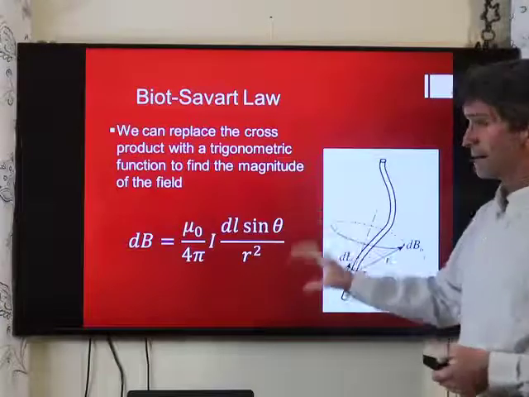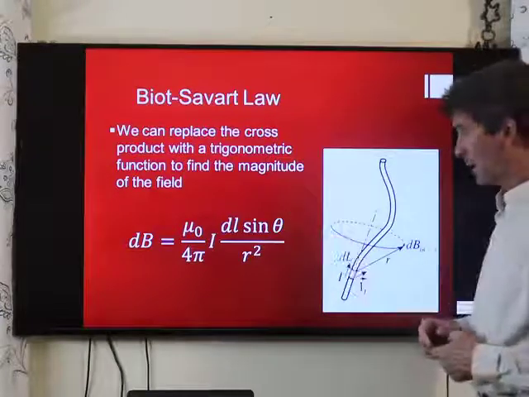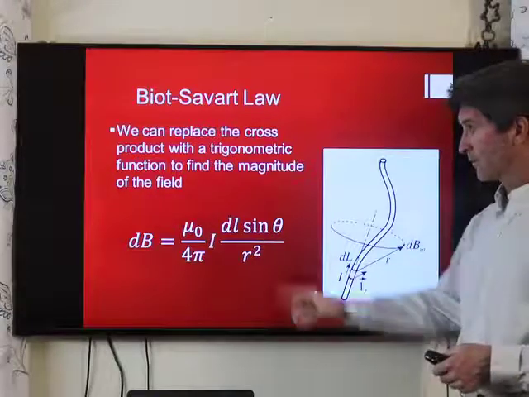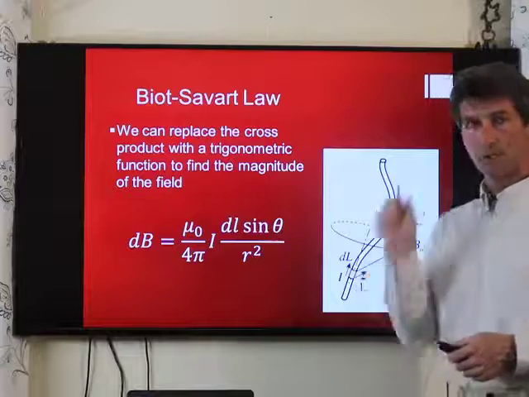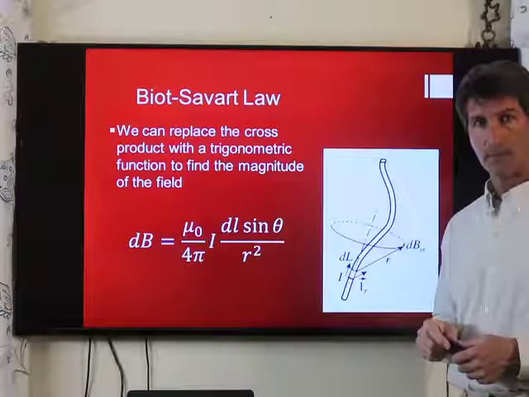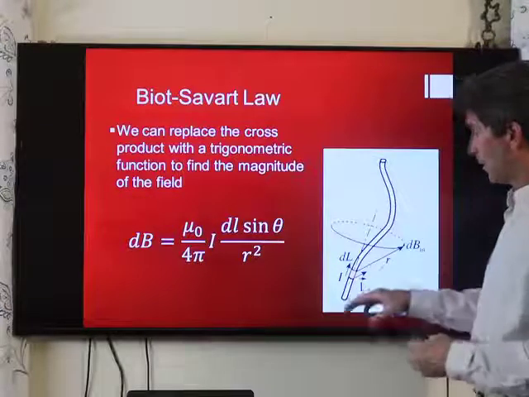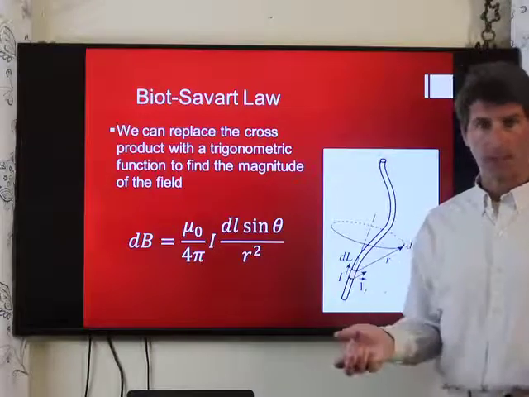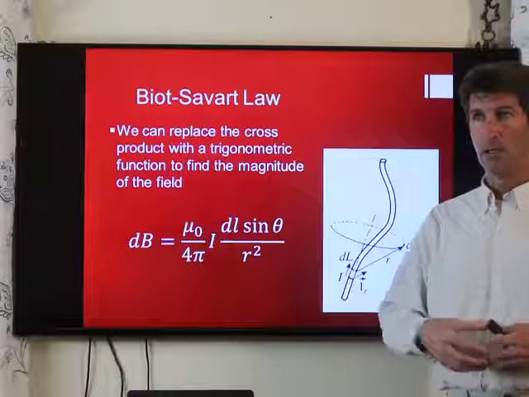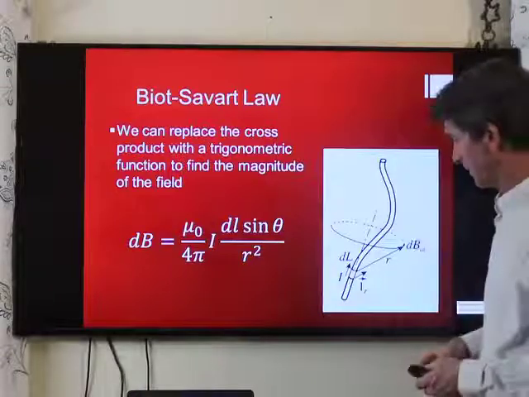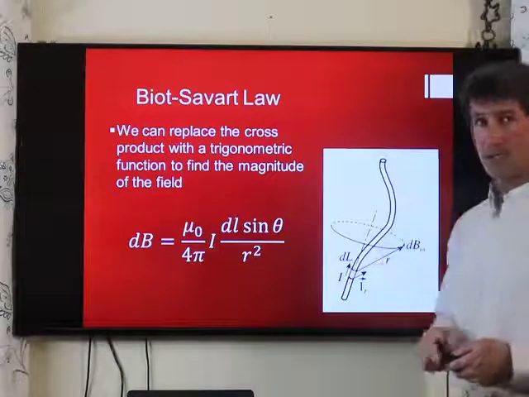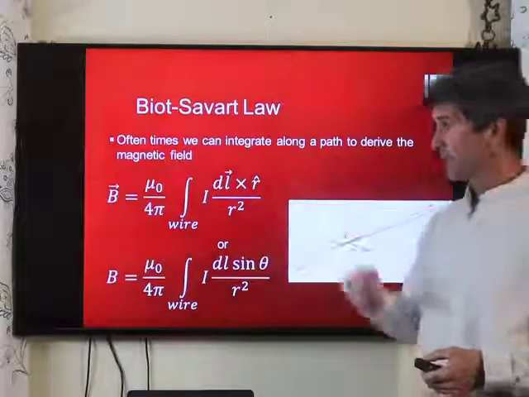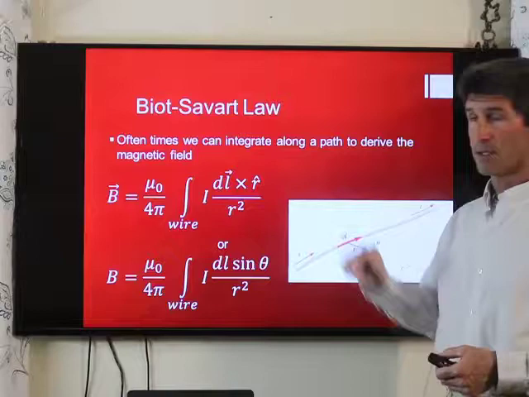Okay, so again, here is our equation for an infinitesimal contribution to the magnetic field due to an infinitesimal section of this wire. So, if we want to put all the contributions of the total wire together, that's the whole idea of integration, right? Adding an infinite number of infinitesimal parts together. We integrate both sides of the equation, and if we want to keep it still in the vector form, it would look something like this.